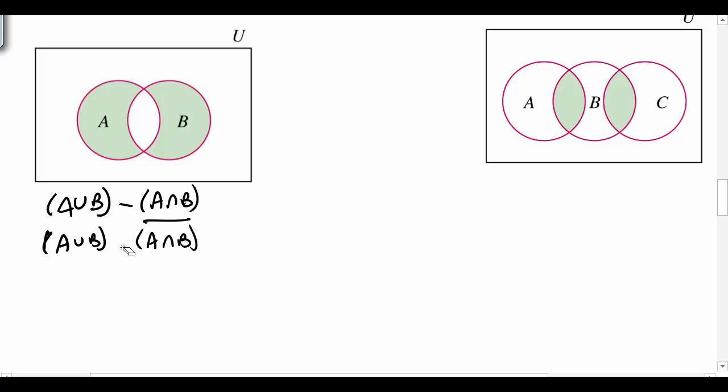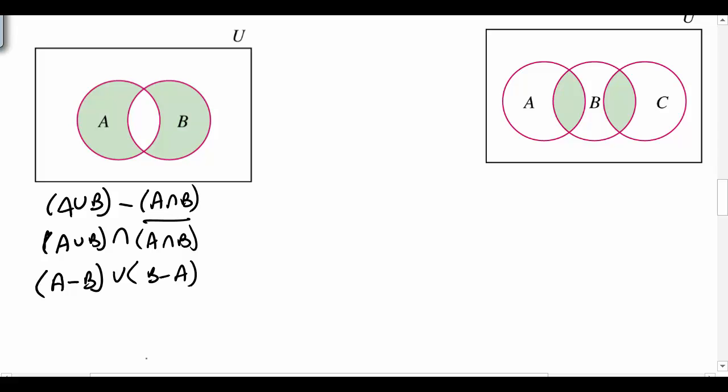Or one other way I could describe this picture is to look at the stuff in A, but take out the stuff that's in B, and union that with the stuff that's in B but not in A. All of those are valid statements. Not one's better than the other, all of them have merit.